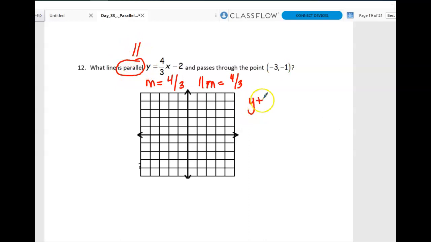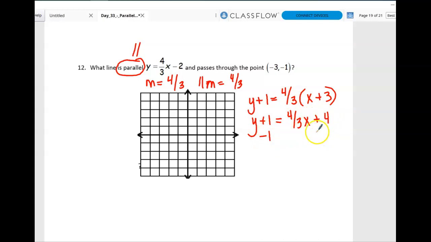So y + 1 = 4/3 (x + 3). We distribute. 4/3 times 3 is 12/3, so it's going to be plus 4. Our y is equal to 4/3 x + 3.